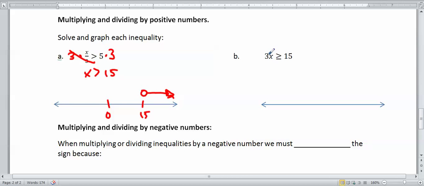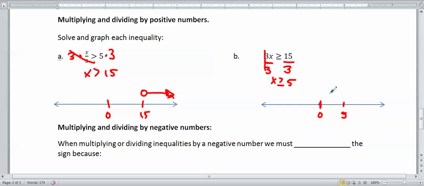Alright, the next one, we've got B, 3x is greater than or equal to 15. Okay, so I'm going to divide both sides by 3. I get x is greater than or equal to 5. So put the 0 on, graph the 5.